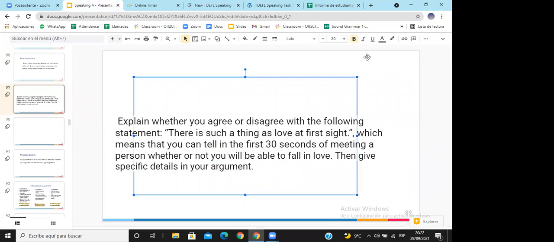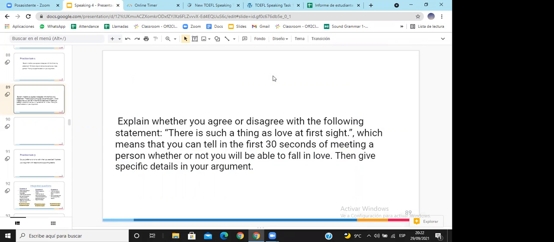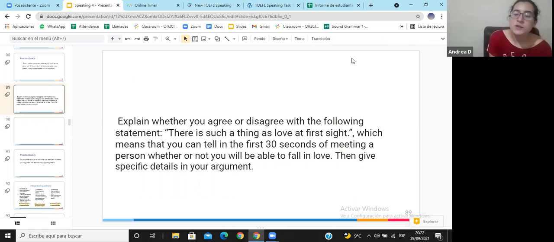Okay, teacher, what mean sight? I can hear you. Sorry. So sight means vista in Spanish. So love at first sight is amor a primera vista.